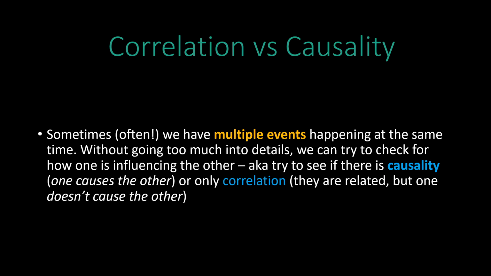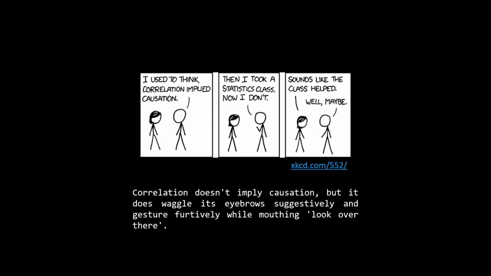So there is something different between being able to say that two effects are correlated, or that something is causing another thing. Well, maybe the die wasn't the best example, because you would have to have two events happening, right? So there will be some more examples, but this is a return of the comics.